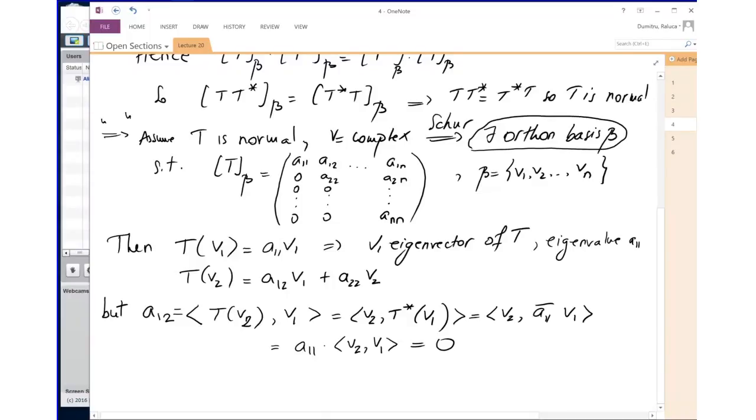So, right, Schur said that the matrix is upper triangular. However, under the additional assumption that T is normal, we can figure out that this entry there is actually 0. So this is in fact A22 V2. So V2 is an eigenvector.